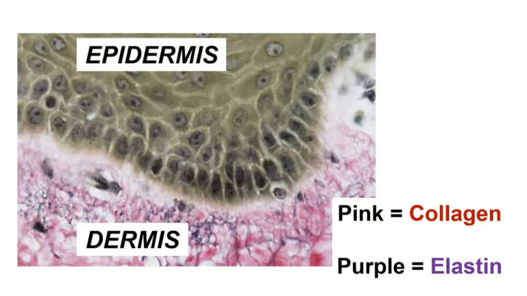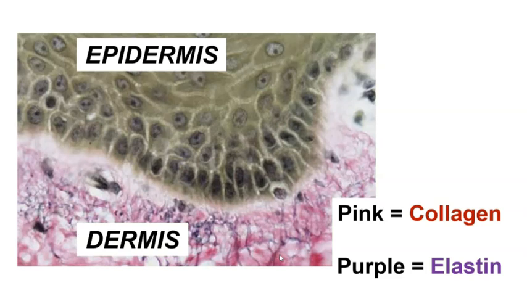Being an areolar connective tissue, the papillary dermis contains an abundance of both collagen and elastic fibers. Collagen is stained pink in this particular section of tissue, and the elastic fibers are much thinner and stained in purple.